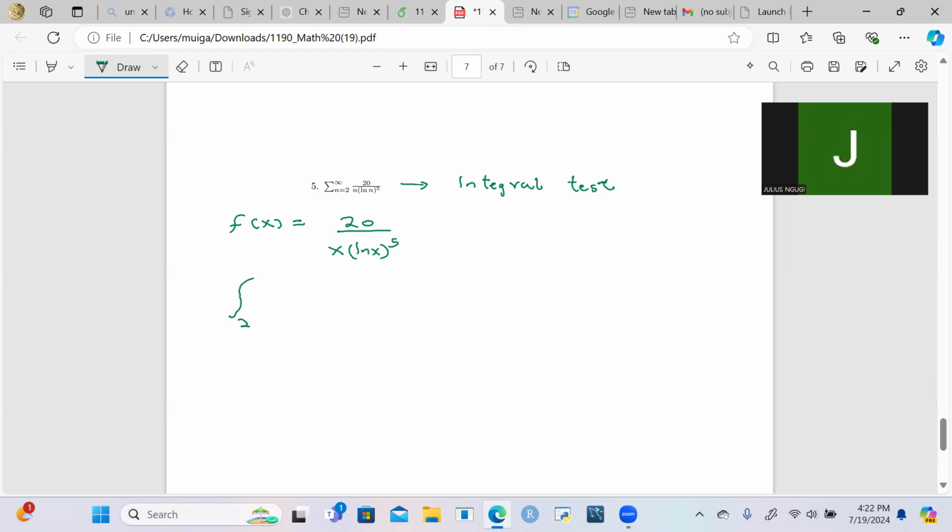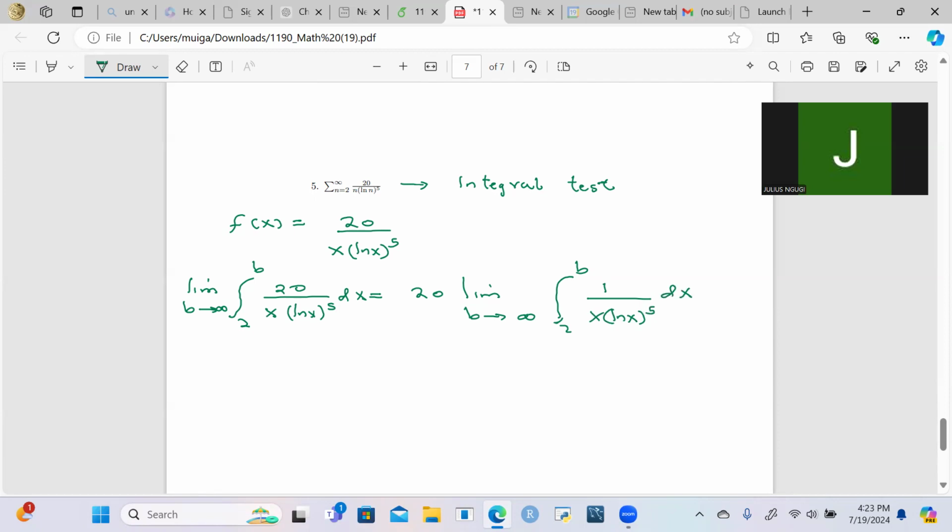So from 2 to b, and then it's improper, so limit as b approaches infinity. So we have 20 divided by x, ln of x to the power of 5 with respect to x. So this is just 20 times the limit as b approaches infinity of the integral from 2 to b of 1 divided by x, ln of x to the power of 5 with respect to x.